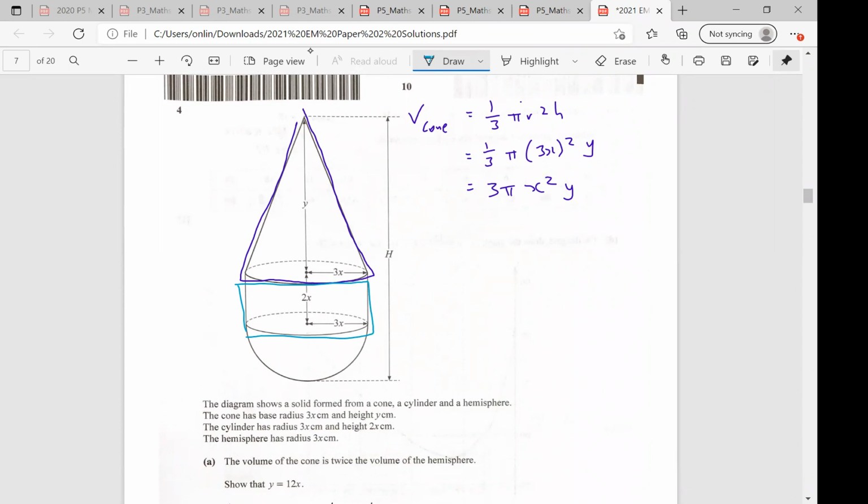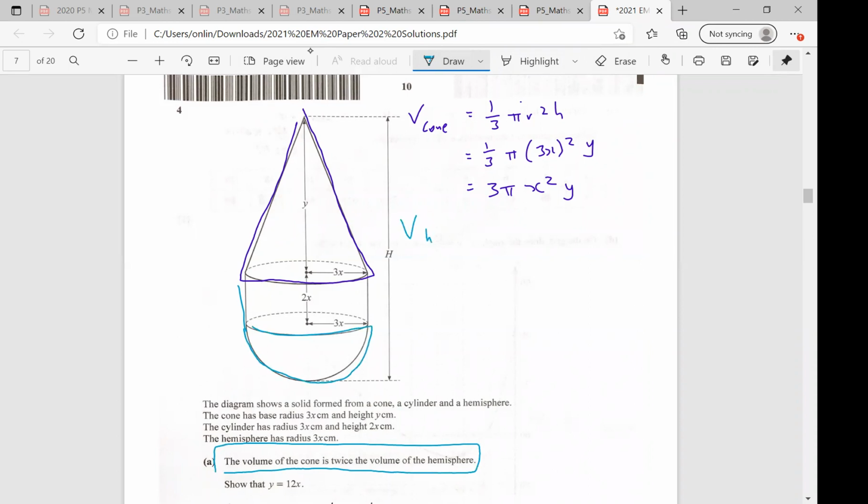The question asks us to show that the volume of the cone is equal to twice the volume of the hemisphere. Okay, so I need to find the hemisphere, not the cylinder. I did the wrong highlight, because we are only trying to show that the volume of the cone is twice the volume of the hemisphere. So I will need to find the volume of the hemisphere.